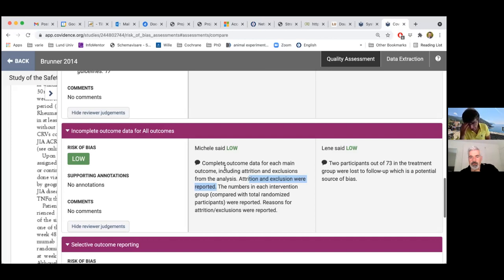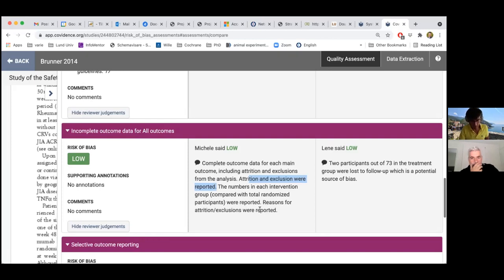So we should comment about whether they are reported, whether the numbers are reported, and whether the reasons are reported. Yes, so it might be, I don't know, few children dropped out, or put a number so people can also see the numbers, and the reasons for dropout are reported. Yeah, 2 sentences are enough here.